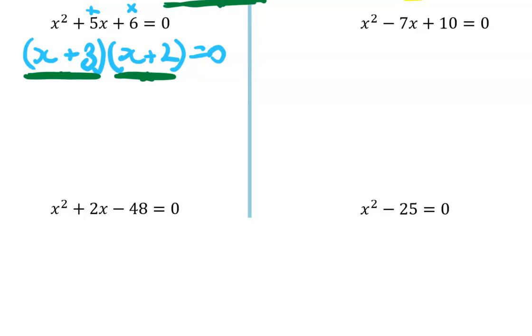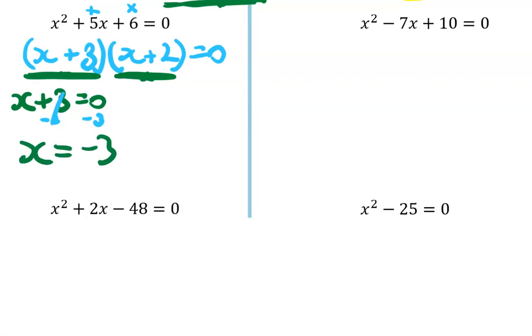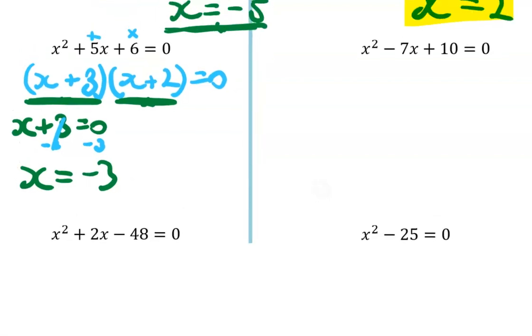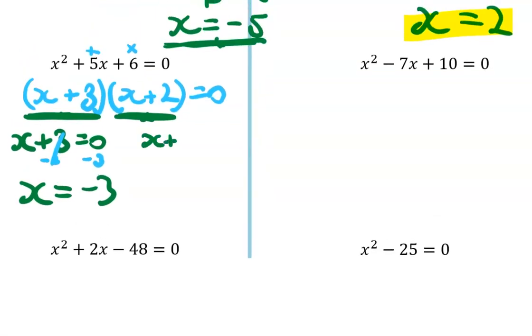So these are my options. Either x plus 3 equals 0, which would mean I would take 3 off both sides to get rid of my 3, and I'm left with x equals minus 3. Or the other option is, over here, these brackets, x plus 2 equals 0. All right, which means, again, let's take off 2, and that leaves me with x equals minus 2.